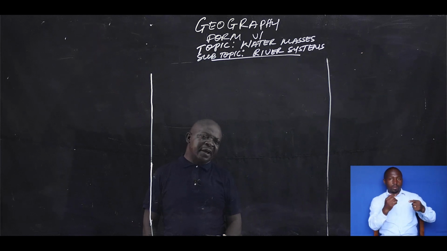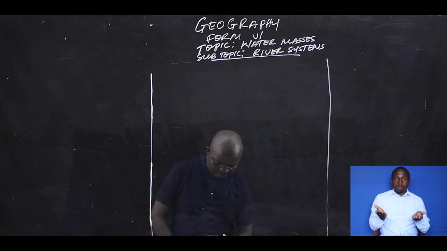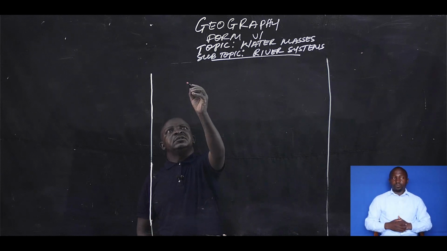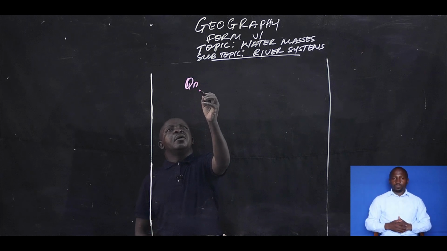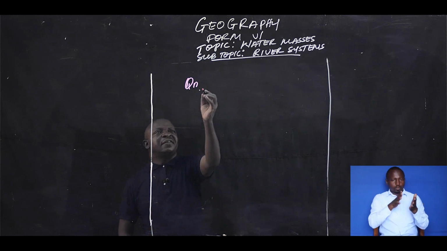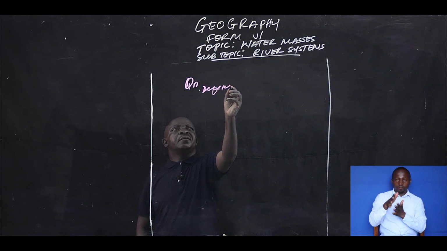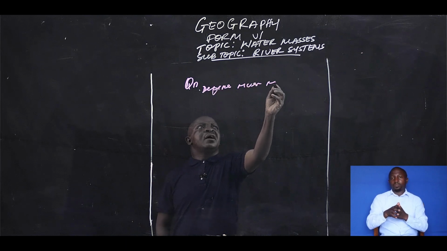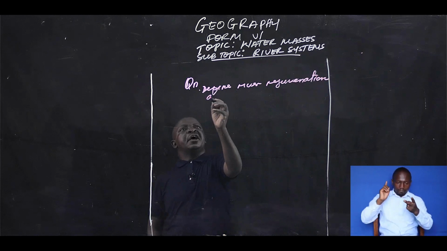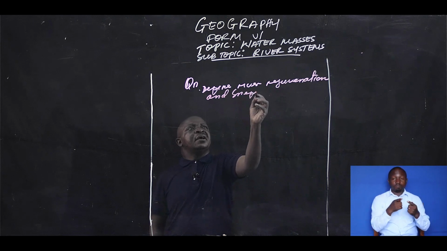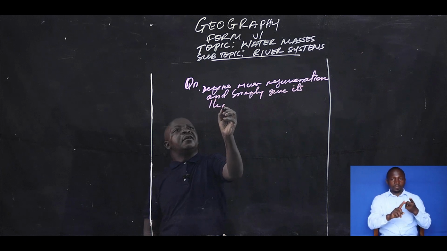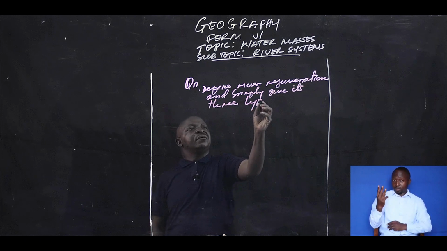These are about five. So here now, we give resultant landforms of river rejuvenation, but start by defining river rejuvenation, and briefly give its three types.